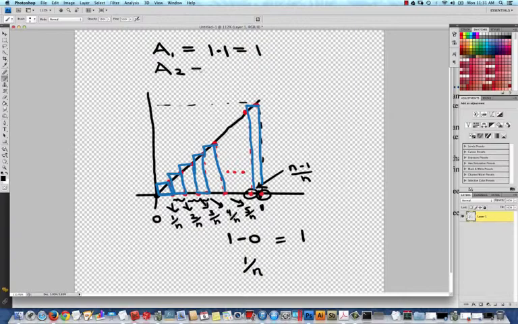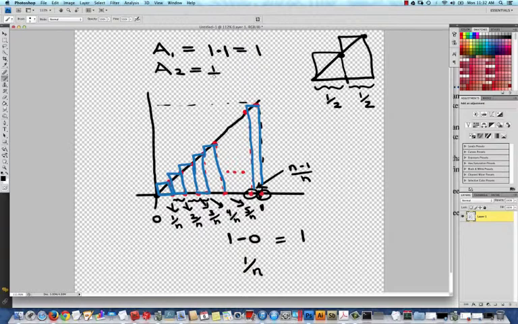A sub 2 is if I cut this in half. So I cut 0 to 1 in half, and I use one rectangle here and another rectangle here. The width of this is equal to 1/2, and the width of this is equal to 1/2. The height here is 1/2, and the height here is 1.